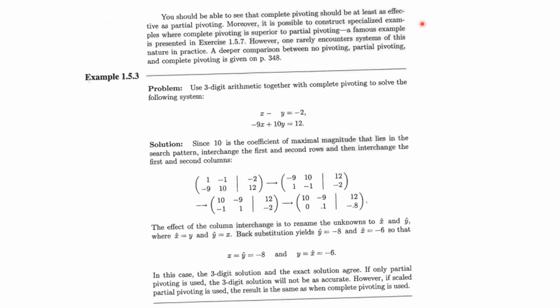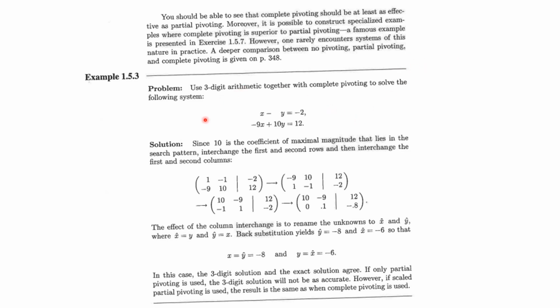Now, you should be able to see that complete pivoting is at least as effective as partial pivoting. Moreover, it is possible to construct specialized examples where complete pivoting is superior to partial pivoting, and there are some famous examples. However, one rarely encounters systems of this kind in nature, and so we may talk about this, time permitting, later.